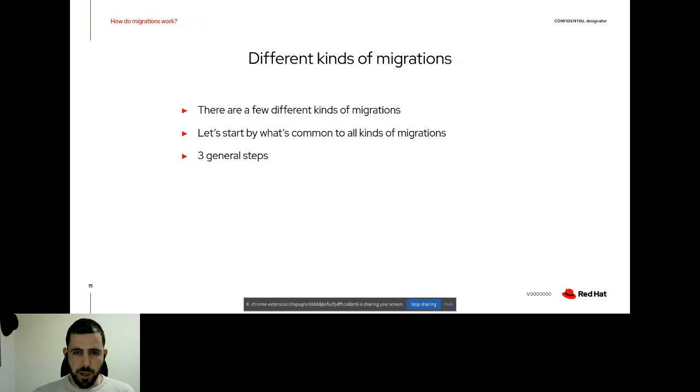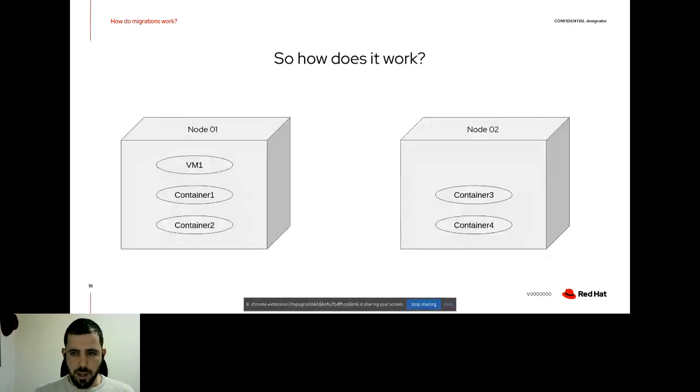To speak about migrations, I'll present a few kinds of migrations, and we'll see what they are good for and how to use them. First of all, I'll show the 3 steps which are common to every migration. The first step is to create another VM instance at the target node, which is pretty similar to the first step we're doing with containers.